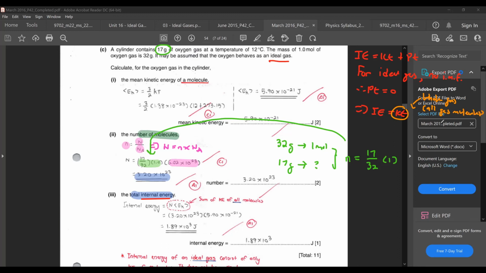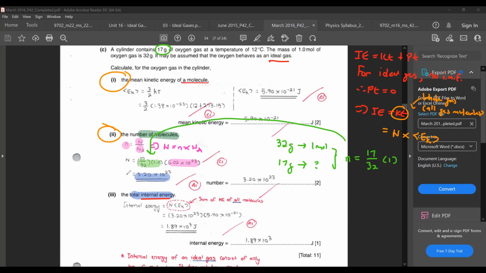So I mentioned to you, if you want to find the KE of the whole gas that includes all the gas molecules, you need to take N times your average kinetic energy of one gas molecule, which you already found in part 1 and 2. You already found N and EK in part 1 and 2.